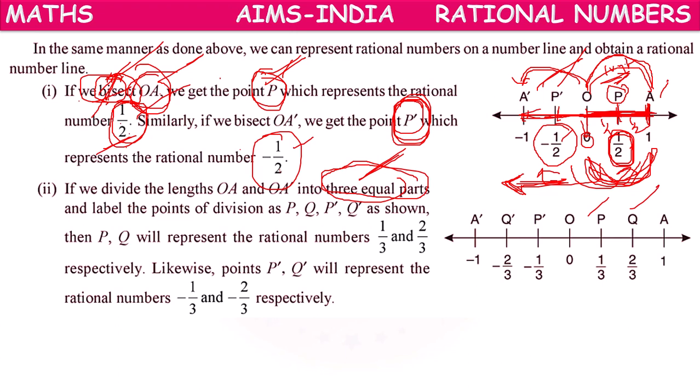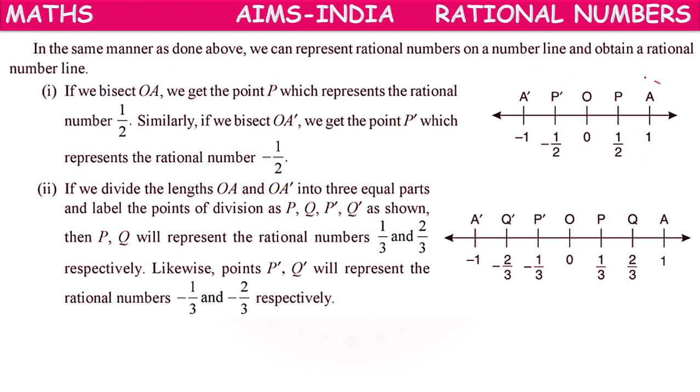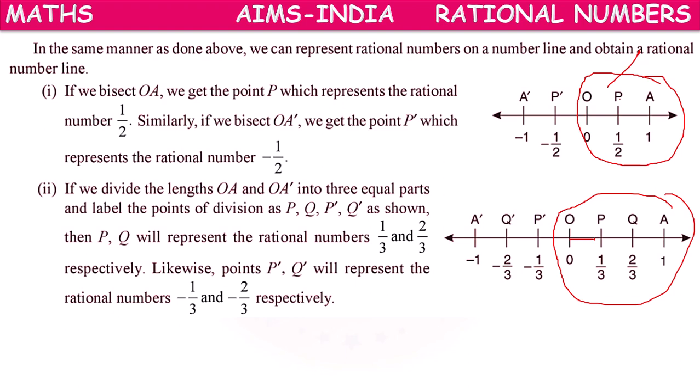Previously, for dividing into 2 equal parts, we needed only 1 point. But here, for dividing into 3 equal parts, first part, second part, third part, we take 2 points: P and Q on the right hand side. In the same way, on the left hand side we can take P dash, Q dash.